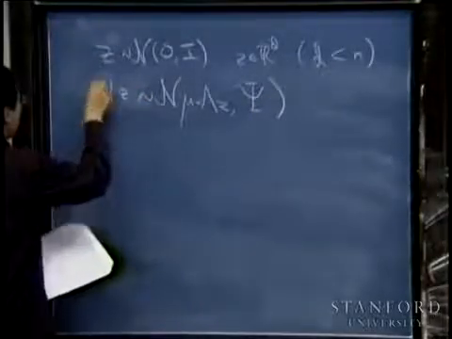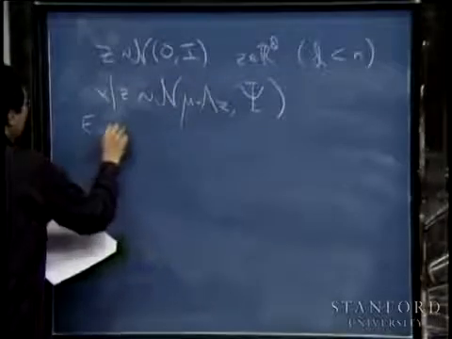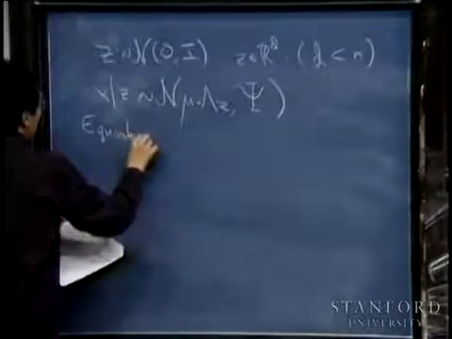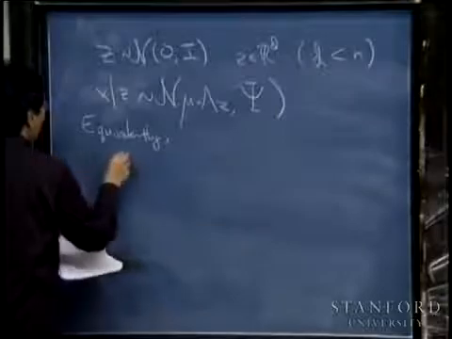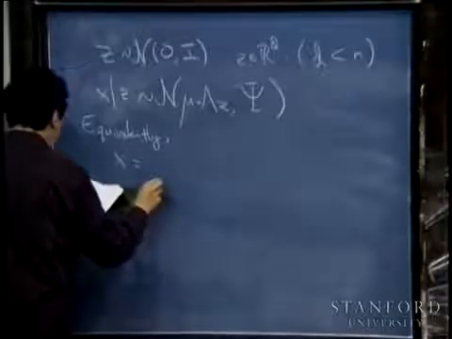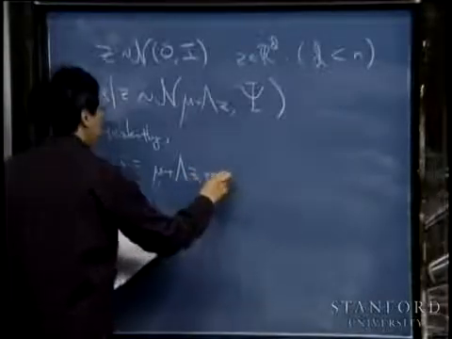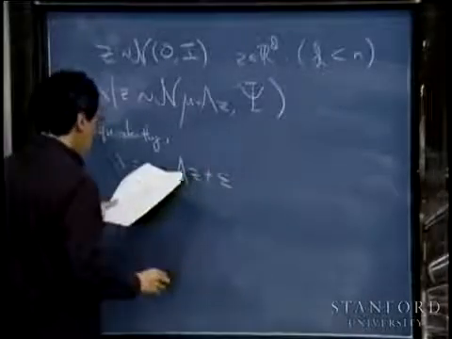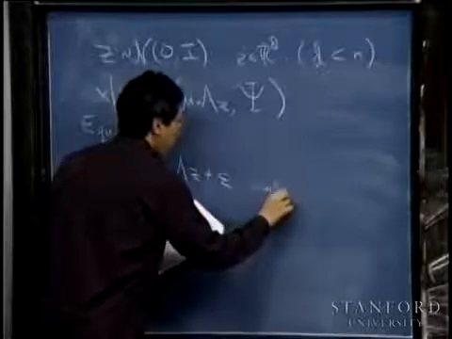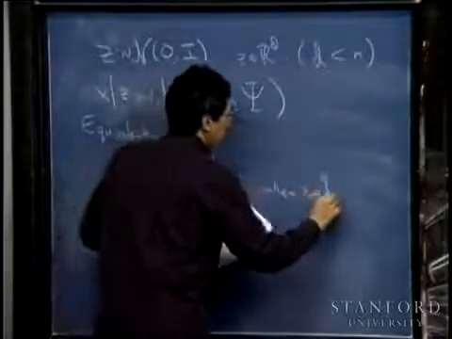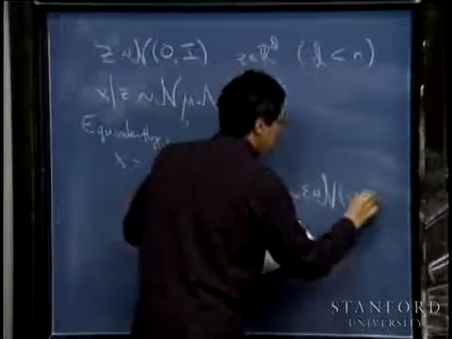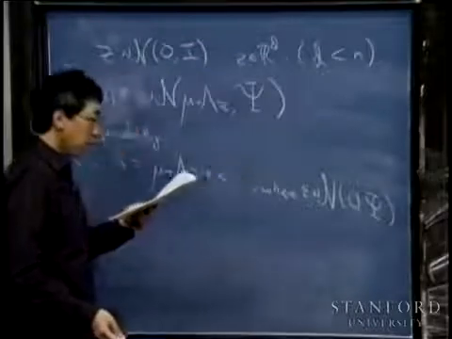So just to say the second line in an equivalent form, equivalently, I'm going to model x as mu plus lambda z plus a noise term epsilon, where epsilon is Gaussian with mean 0 and covariance psi.